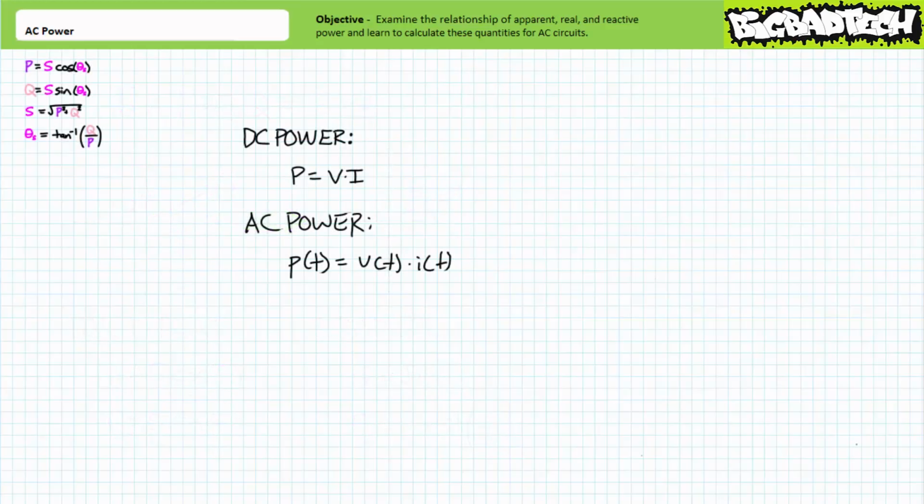Let's now examine the means of directly calculating AC power. As we previously demonstrated, instantaneous power is the product of instantaneous voltage times instantaneous current, which yields a time-variant power function, P of t equals V of t times I of t. Recall, we skipped the complicated math and never actually took the time to derive the time-variant power function. Don't think I'm going to bait and switch you and do this now.